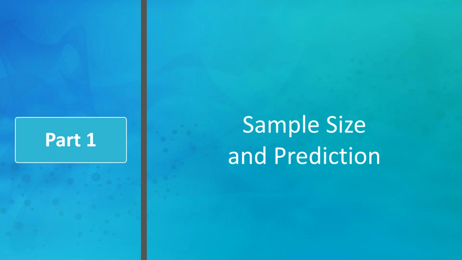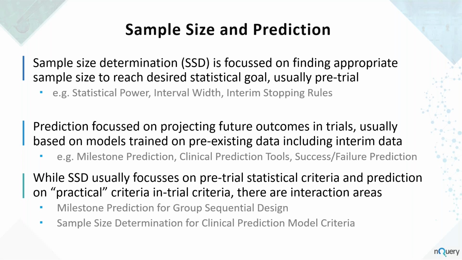So with that out of the way, let's get into the very brief introduction to both sample size determination and prediction to make sure that everyone's on the same page. So sample size and prediction. Well, sample size determination, of course, we know quite well from these webinars, is focused on finding the appropriate sample size for your study. And usually this is based on some type of statistical goal or success criterion, and this is usually mostly done on a pre-trial basis.